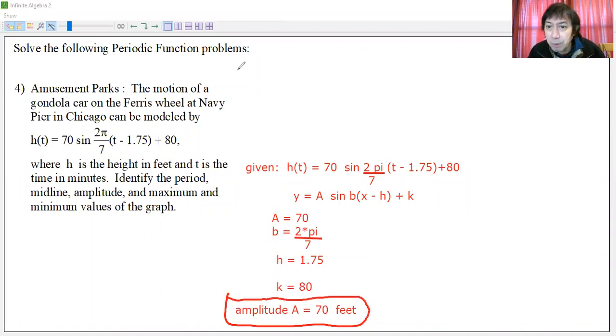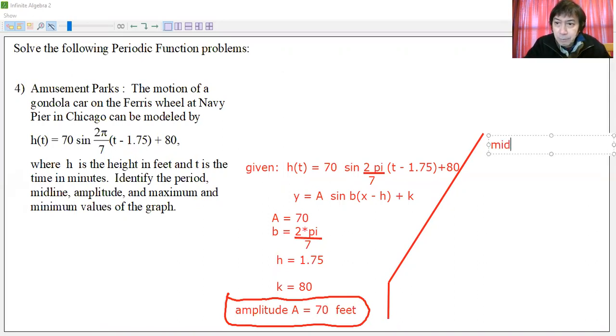We can also determine right away the midline. The midline is the added number 80. Okay. So we can put that somewhere at the left side of the screen. Okay. Left side of the screen. So we have midline. Midline k is equal to 80. This is also 80 feet there. Okay.